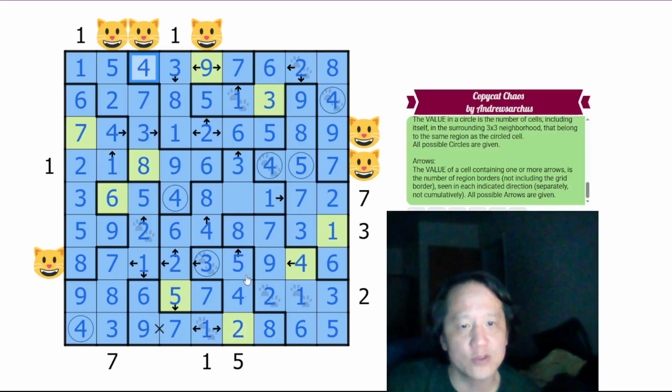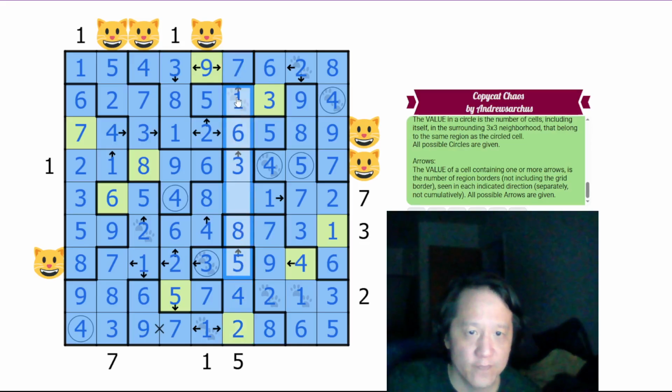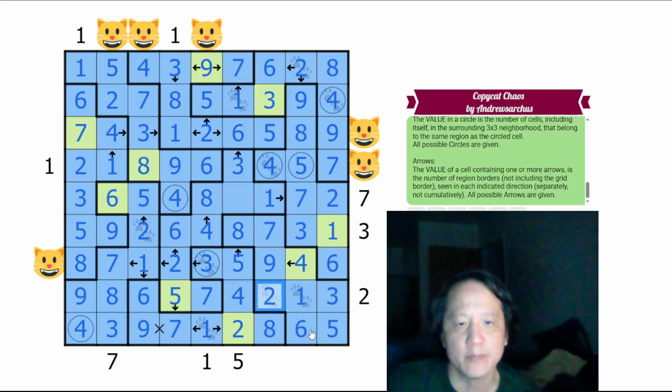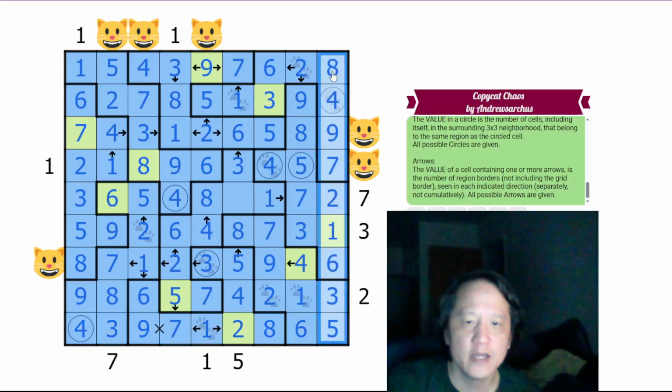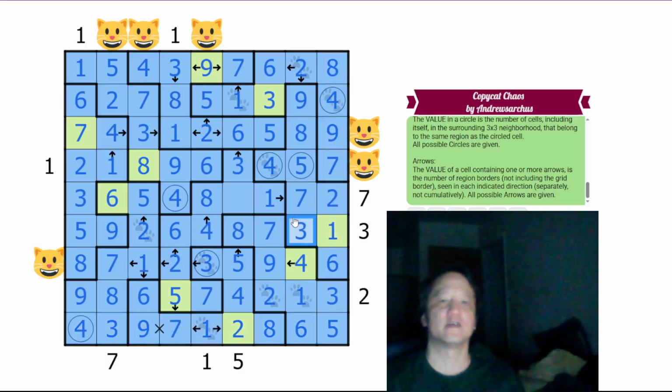This is copying 3. 3 has 1 to the left, 1 to the right, and 1, 2, 3, 4, 5 to the top up. And 5 here has 2 to the left and 2 up. And that's satisfied. So this is 9.